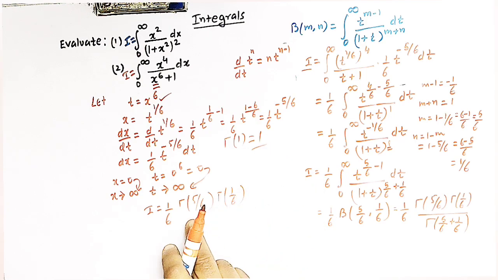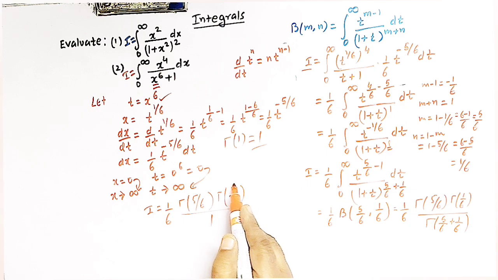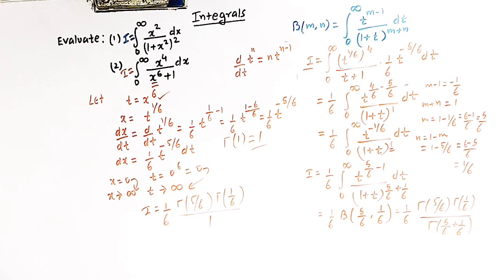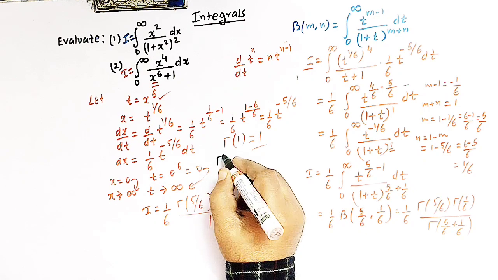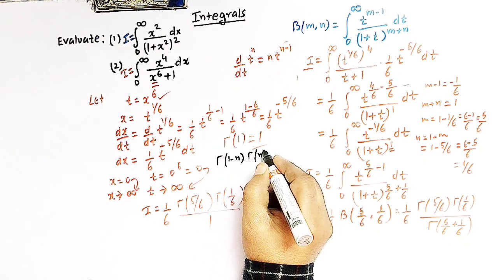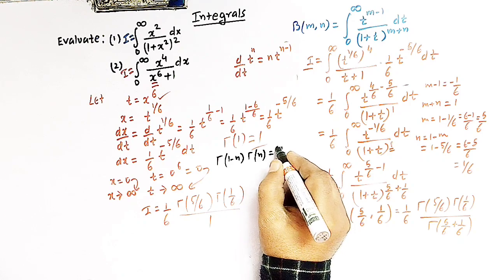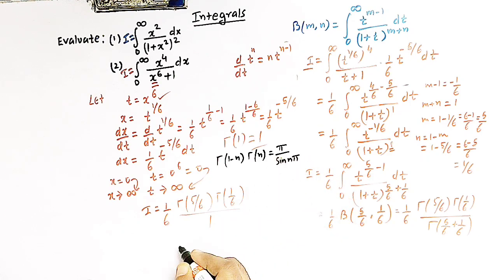So in the denominator we have 1, and now to evaluate this expression, we have to make use of Euler's reflection formula. So now Euler's reflection formula goes like this, that is gamma 1 minus n times gamma n is equal to pi divided by sine n pi, right?